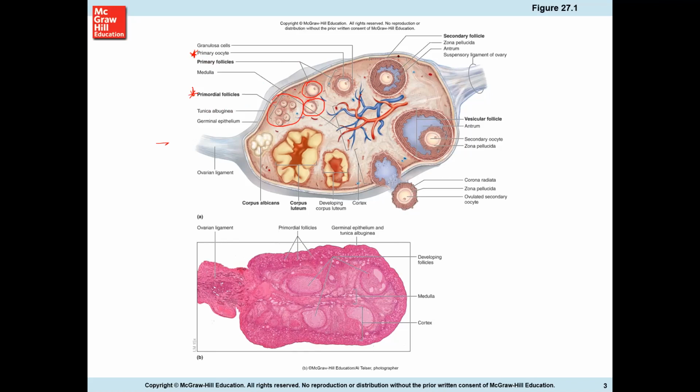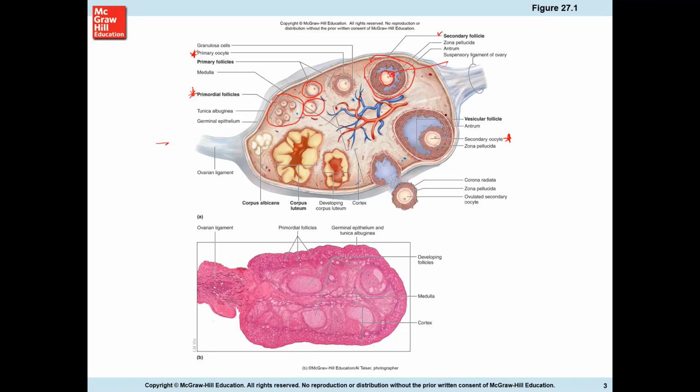But by puberty, now you've got secondary follicles, and you have a secondary oocyte. I'm going to say it down here, though. Here's the secondary oocyte, because technically this could still be a primary oocyte. Technically it can be, but I wouldn't split that hair. If I point to this, you're just going to say primary oocyte or secondary oocyte would be fine.